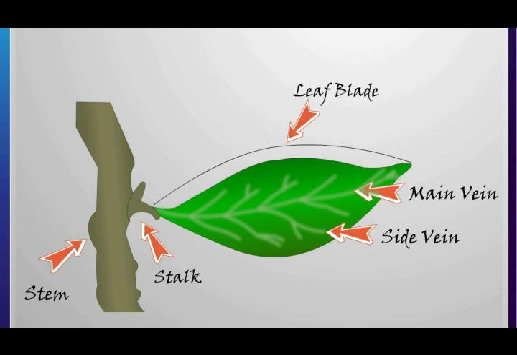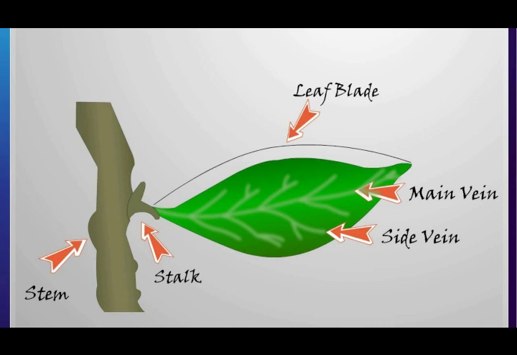Structure of leaf. Now we will study the structure of leaf. The flat surface of the leaf is called the leaf blade. Many small tubules which are known as the veins cover the entire leaf blade.